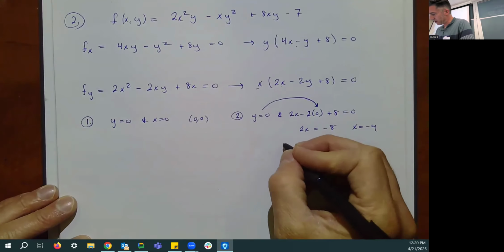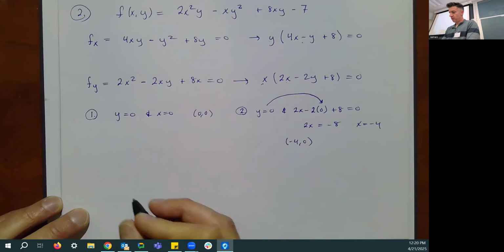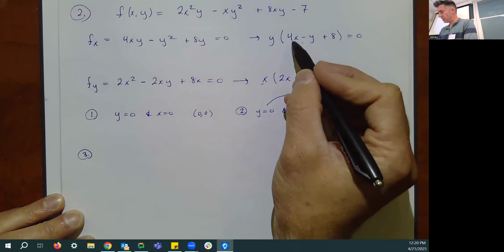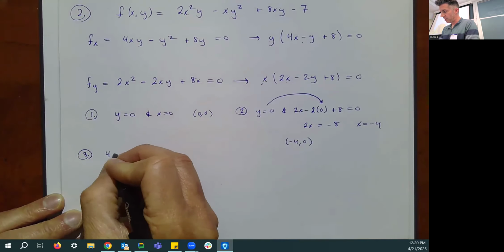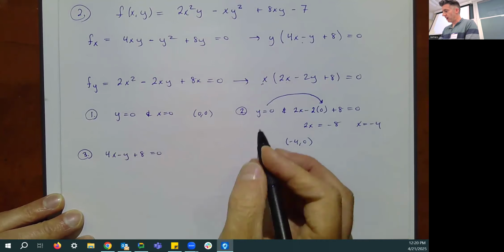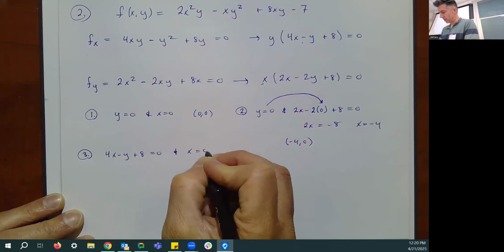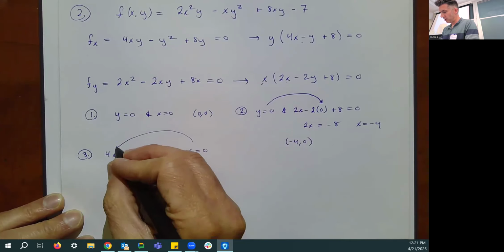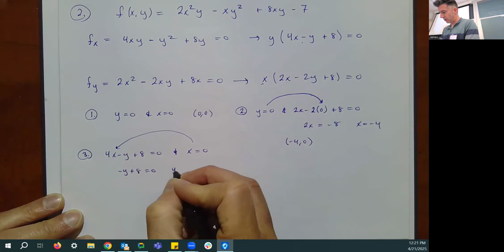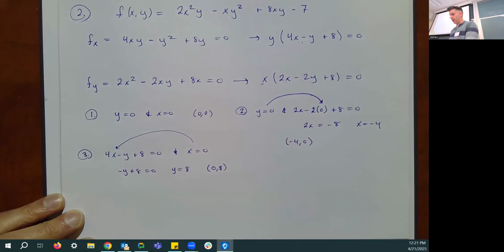Here we get (-4, 0) is a critical point. The third possible pairing is setting the 4x minus y plus 8 equal to 0, as well as setting x equal to 0. I'm going to plug in the 0 for the x, and I get -y plus 8 equals 0, or just y equals 8. So the point (0, 8) is my critical point there.